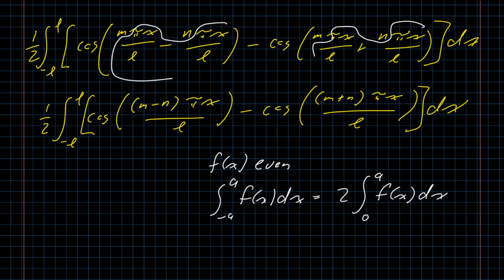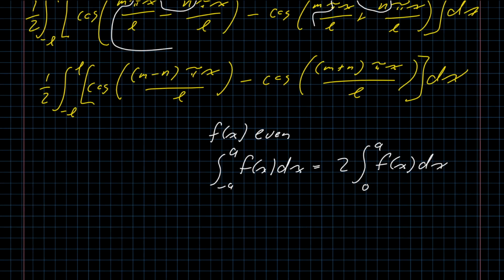And cosine is an even function. So I can do exactly that here. We have that 1/2. We'll now multiply it by 2. That's going to make life really nice.